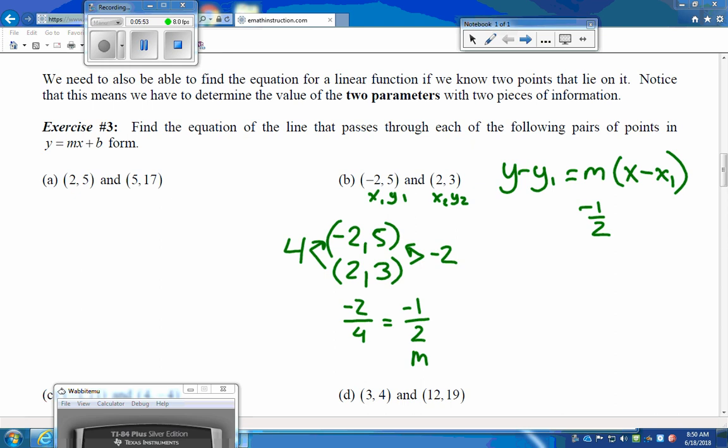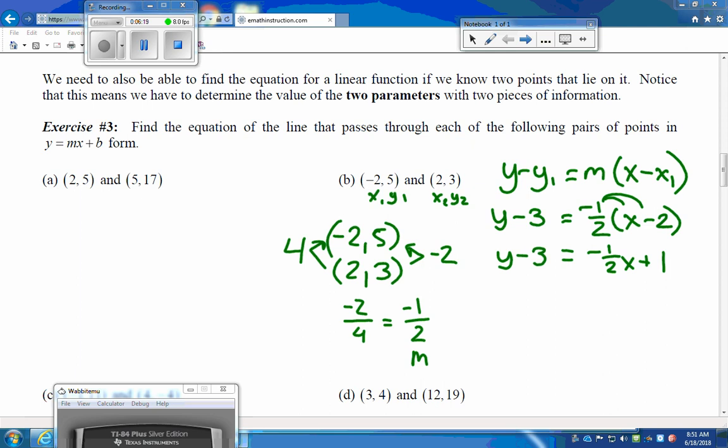And then I'm going to take one of the points. I'll take the second point because it's got no negatives in it, 2, 3. So we got y minus 3, and then x minus 2. So you want to distribute first. You get -1/2 x. Now when you put this in the calculator, you're going to have -1/2 times -2, which would be +1.